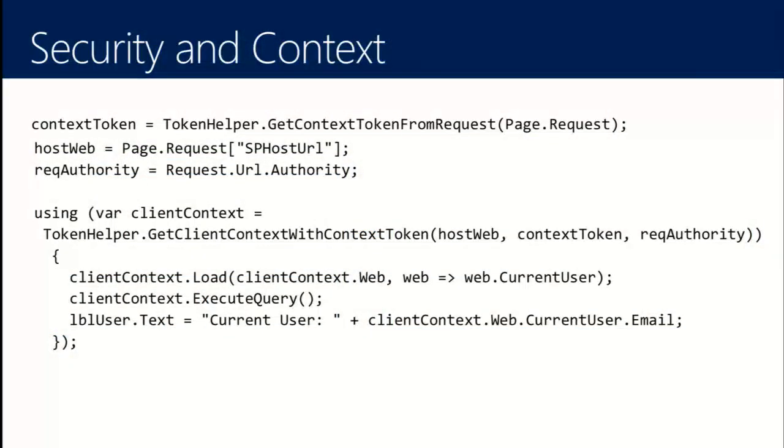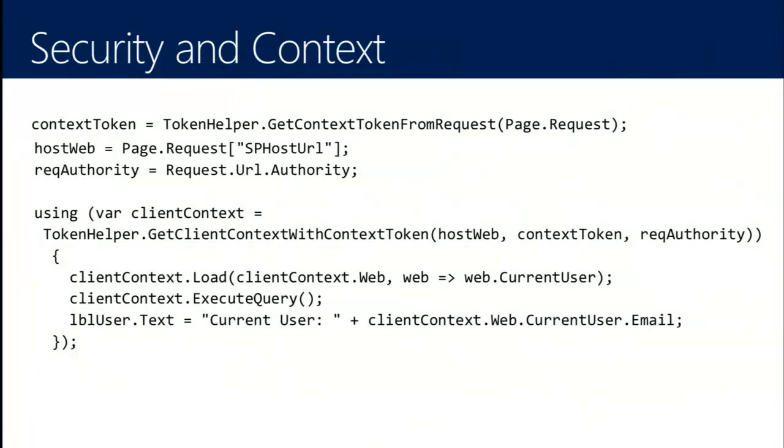So on the security and context, we kind of showed this, but when you look at the context of the user, the token helper from the managed code side is what ends up passing that OAuth credential. We ship the token helper with any .NET project that you do. So if I do an application and I want to do .NET code, the token helper is critical to make that application have the callbacks into SharePoint.